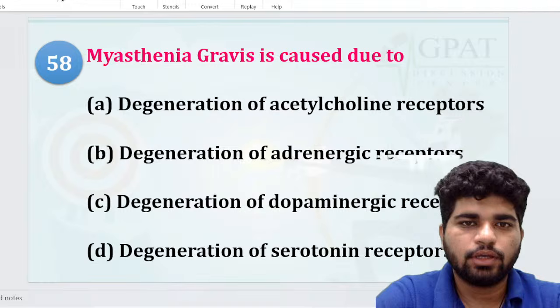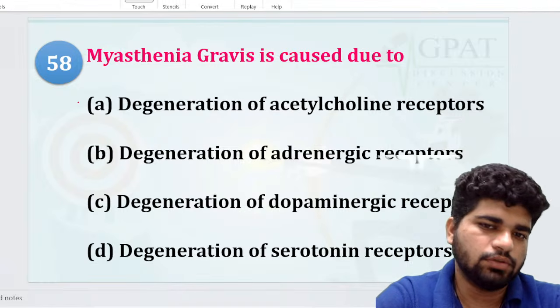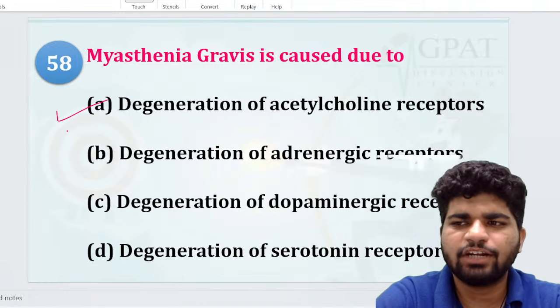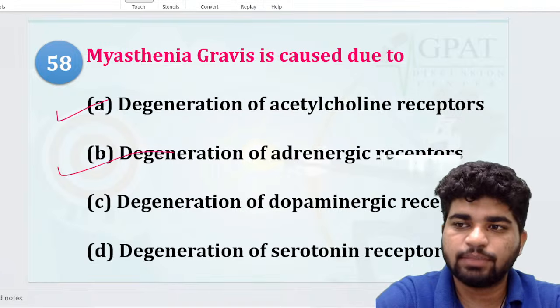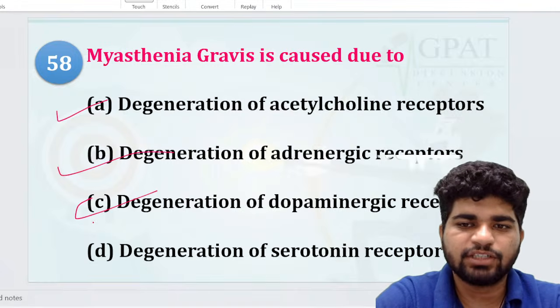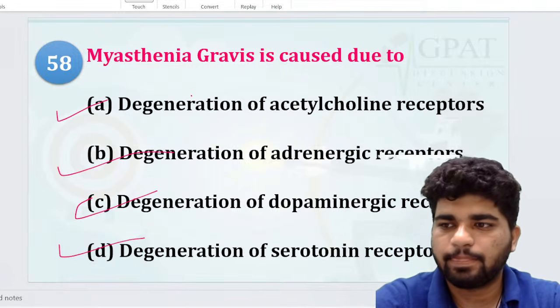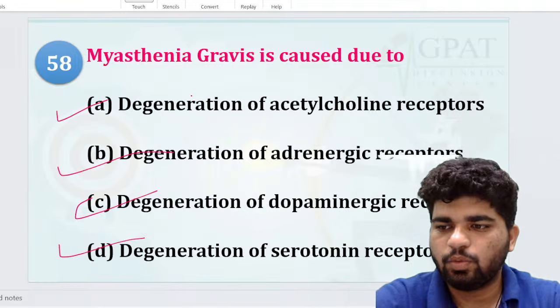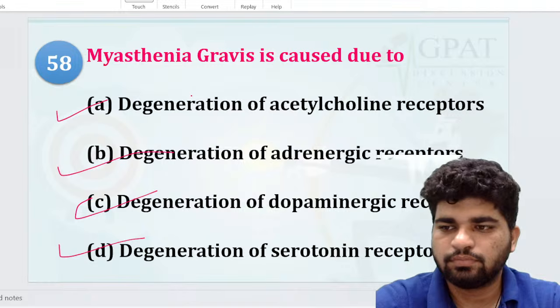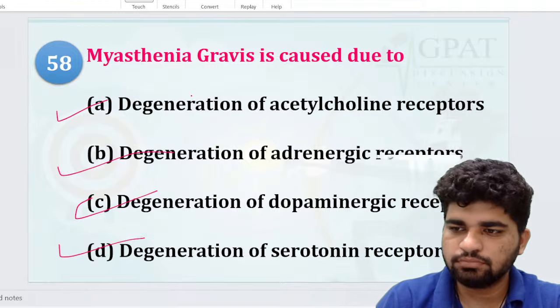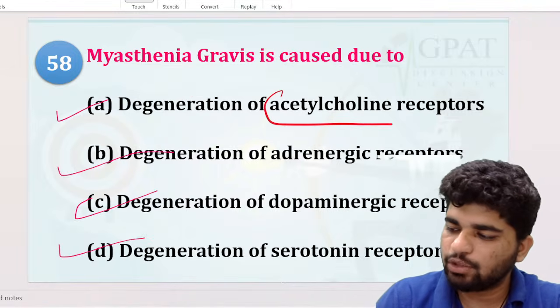Myasthenia gravis is caused due to degeneration of acetylcholine receptors, adrenergic receptors, dopaminergic receptors, or serotonin receptors? Yes, that's the acetylcholine receptor.